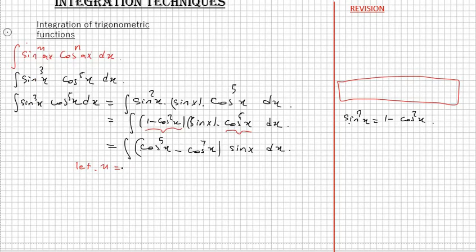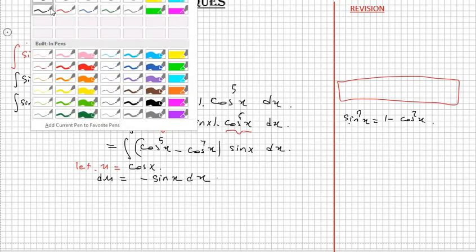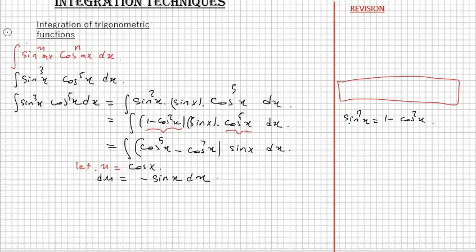So we say let u is equal to cos x. Therefore, if we differentiate both sides, we get negative sine x dx. Now the next thing is to find the expression of dx. So dx is equal to negative du divided by sine of x.